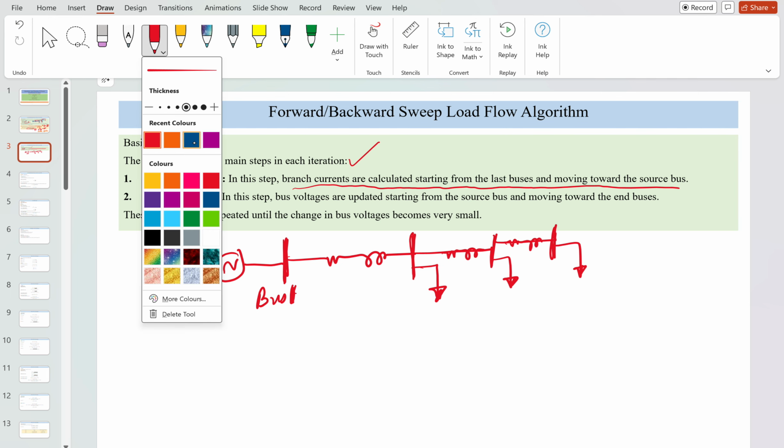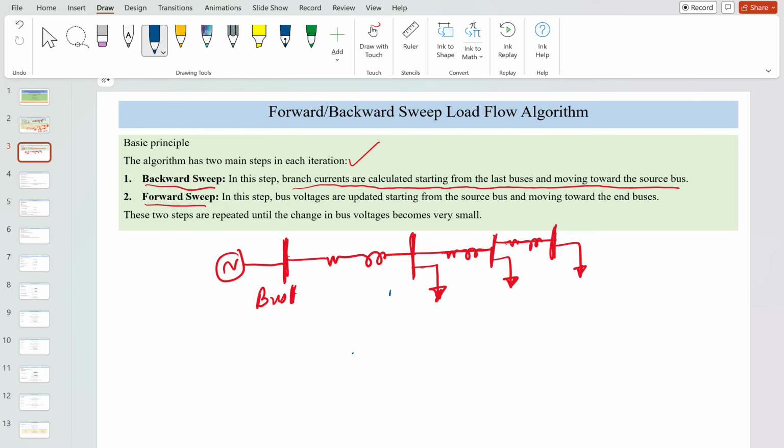So this is bus 1, bus 2, bus 3, bus 4, and this is load 1, load 2, load 3.